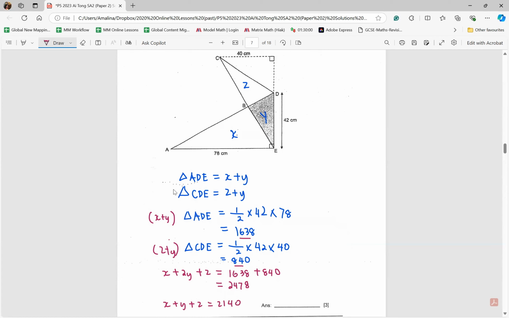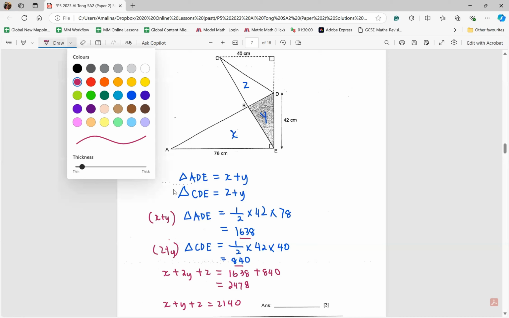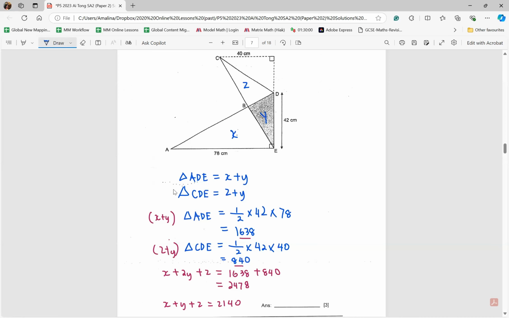So how do you find your Y, the area that you want to find? You subtract, so find the difference. So Y equals 2478 minus my 2140. That will give us 338. Okay, so it's 338 cm square.